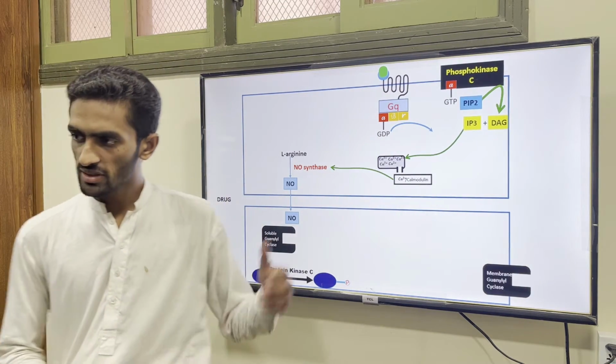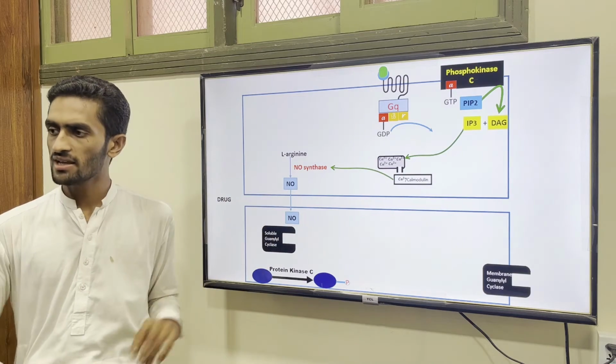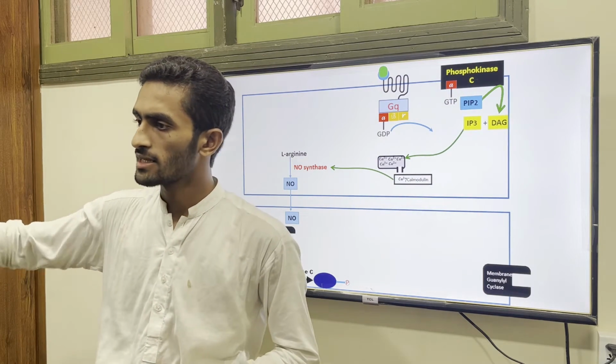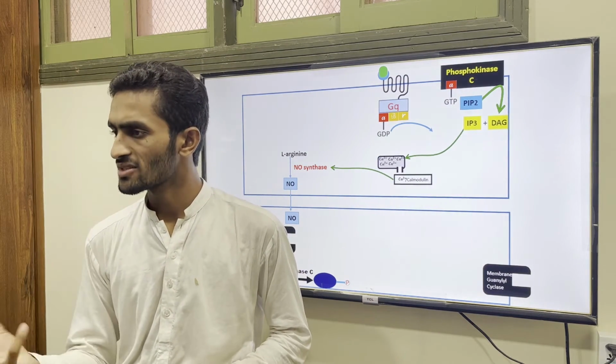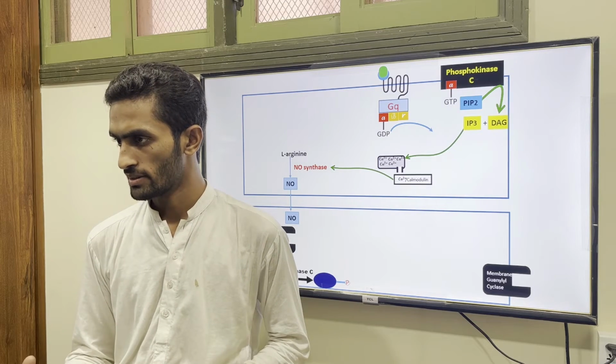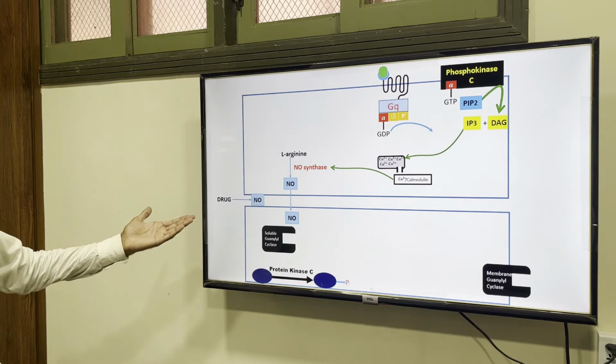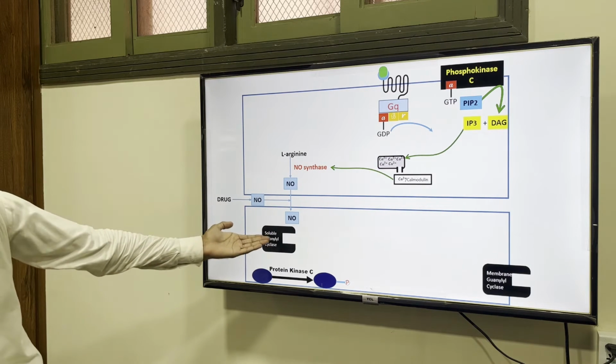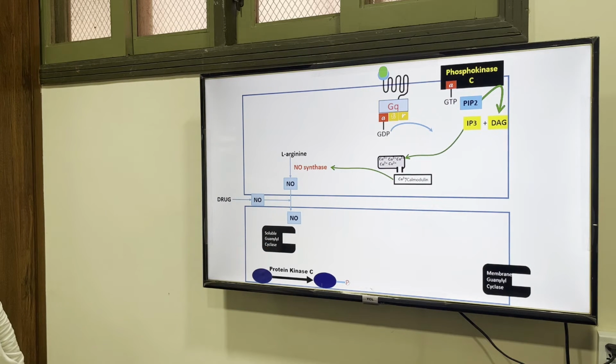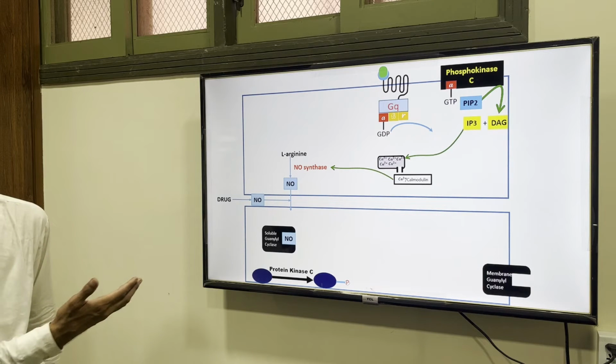Whether it comes by this pathway or you give it exogenously, the function is to relax your vascular activity. So when the drug enters the cell, what will happen eventually? It will attach here.